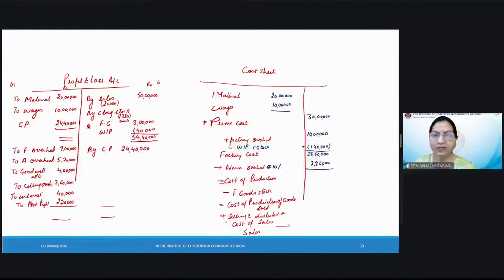Add factory overheads, which is 100% of wages, so another 10 lakh. 40 lakhs minus 1 lakh 40,000 as WIP, so it is 38 lakh 60,000.